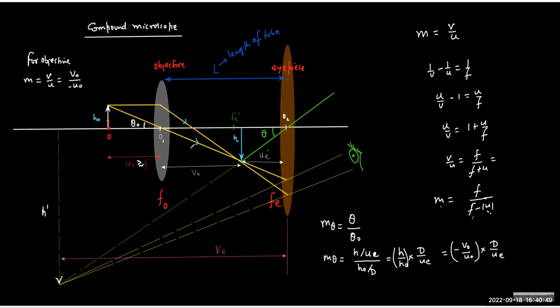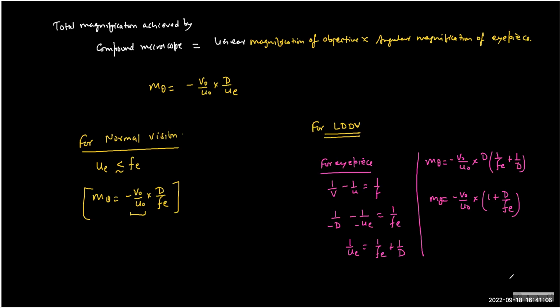You might have seen the compound microscope in the pathological lab. They use the microscope. Maybe you have seen it in school, or if not, you can go to any pathology lab. All right, I'll mention here separately.